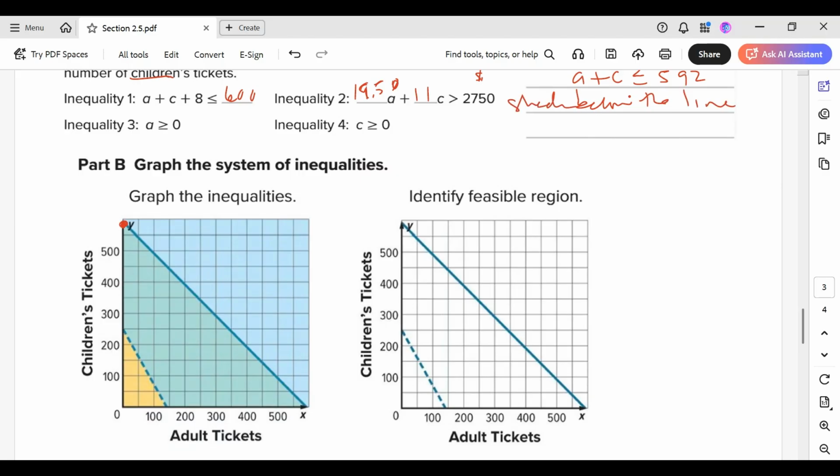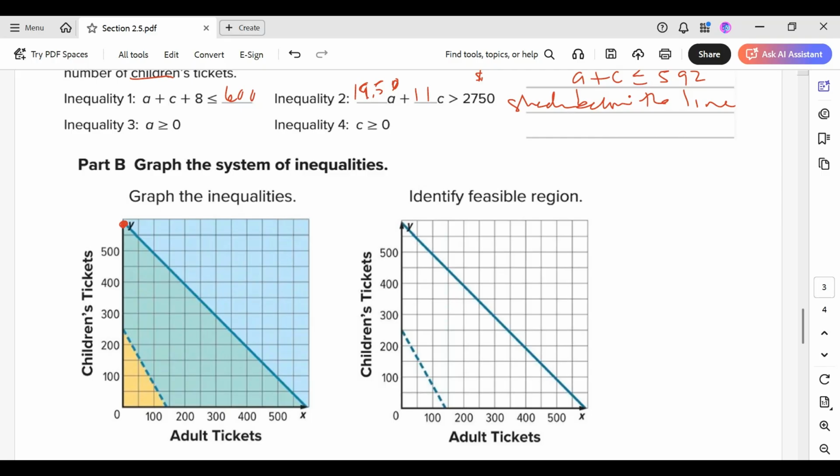The second one says 19.50A plus 11C is greater than or equal to 2750. You can think about that one as being y equals mx plus b. You can also do your x and y intercepts.